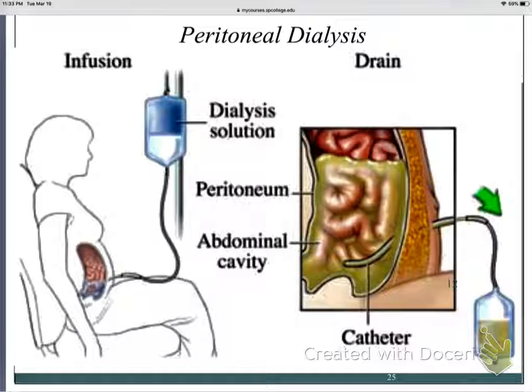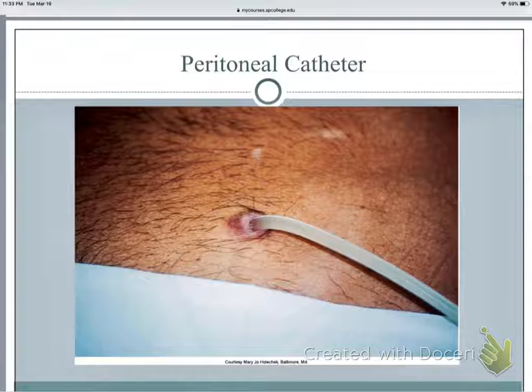Okay. So here's just another picture, like we showed you before, of the infusion process, the dialysate, and the drain. So it's going to go in through the bag, into the membrane, dwell for a little bit. We're going to talk about the phases, and then it's drained out into a bag. And here's your peritoneal catheter picture.